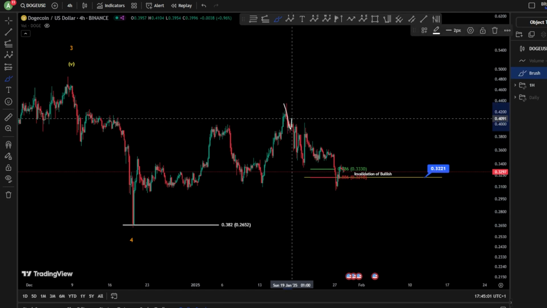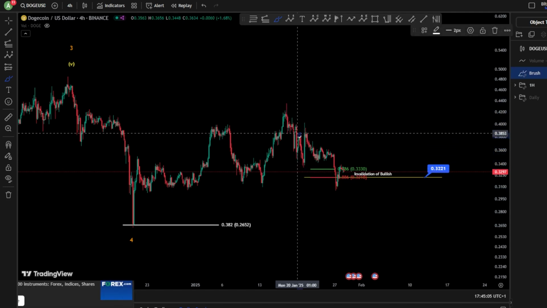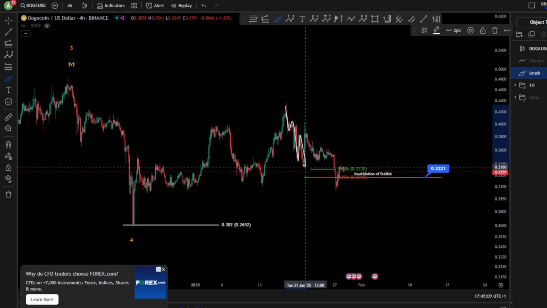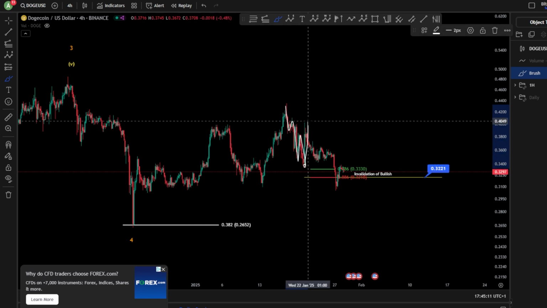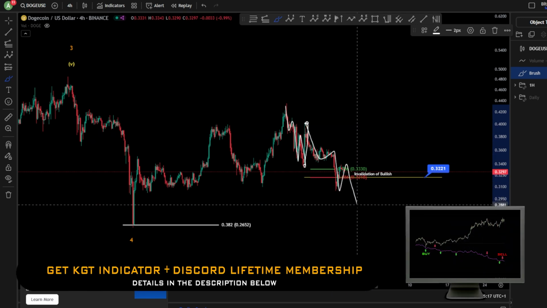So basically, this can be an impulse kind of like here. If this is your wave 4, 1, 2, 3, 4, and a 5. This is your first impulse, and then having a wave 2 probably, and then 1, 2, 3, 4, and a 5. Very possible.